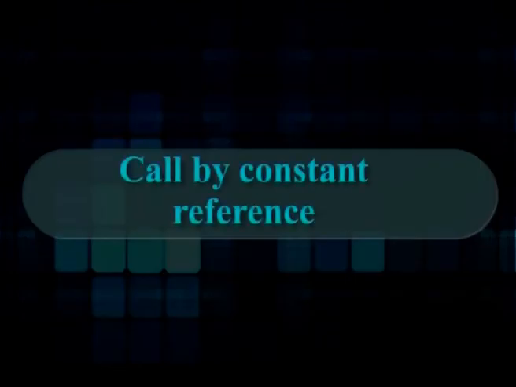The third method of calling a function is call by constant reference. While passing arguments as value, a lot of storage space is duplicated, especially in the case of graphical images. So it is better to use references for passing arguments. But the problem here is that the value of the actual argument sometimes gets changed.